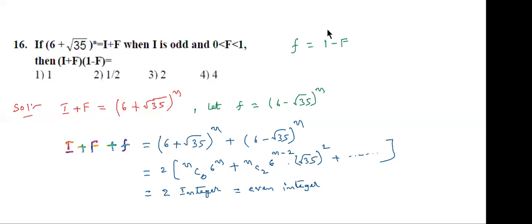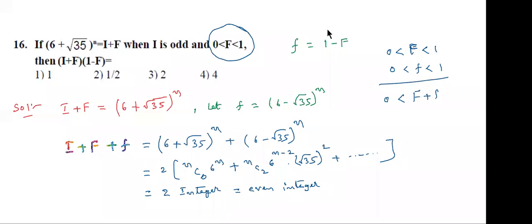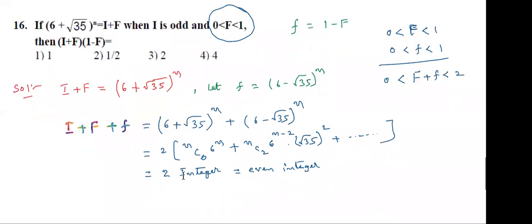Even integer. And here it is already clearly given that 0 is less than capital F, which is less than 1. That value lies between 0 and 1. Same like that, small f also lies between 0 and 1 only. Now add these two, then what happened? 0 is less than capital F plus small f, which is less than 2. So this is totally an even integer. That means integer plus integer gives an integer only.